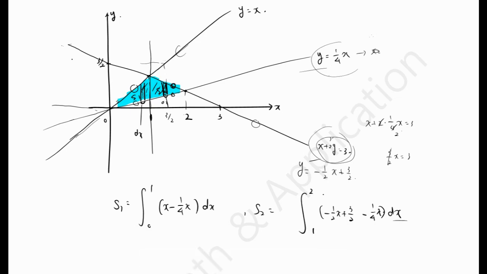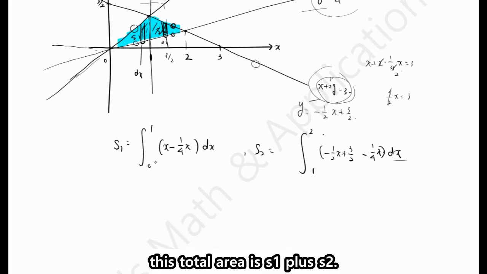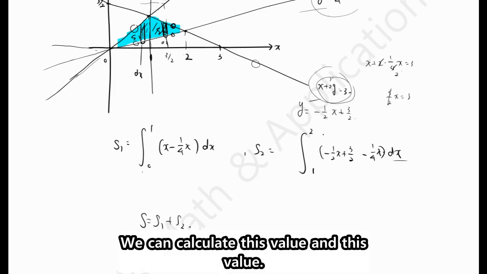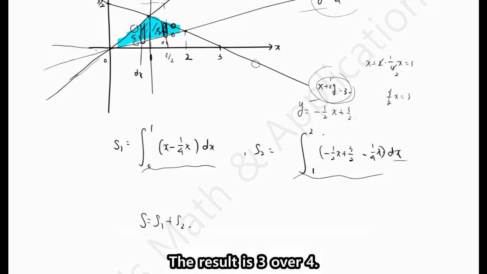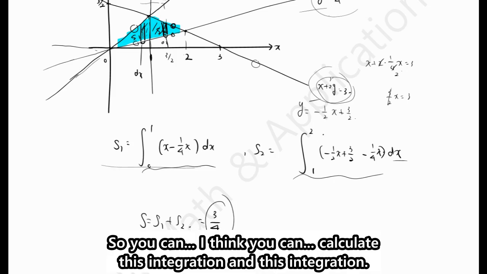Integration from 1 to 2. So the total area is S1 plus S2. We can calculate this value and this value. The result is 3 over 4. I think you can calculate this integration and this integration.